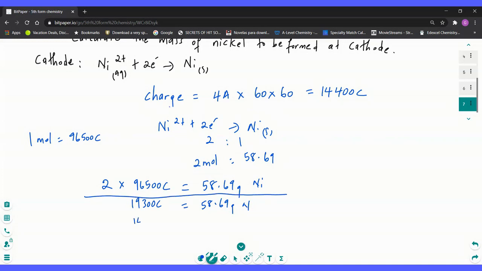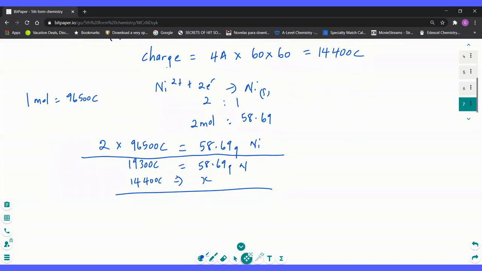So we were only supplied with 14,400 coulombs. So how much nickel would that be? So we will do our cross multiplication. Oh, so it should be 193,000. Thank you. So X times 193,000 would be equal to 14,400 times 58.69.